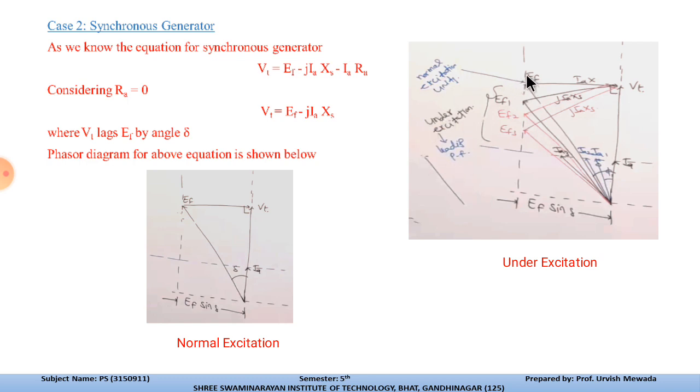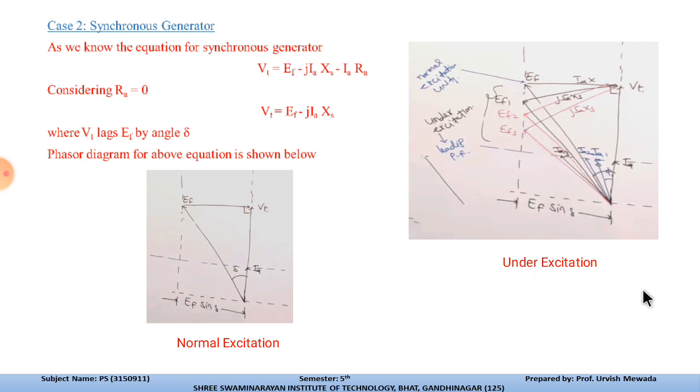And this is the mode at which we get the unity power factor. Now for different values of the field current, or the excitation, we will have the values Ef1, Ef2, Ef3 and Ef. Once we reach Ef, it is called the normal excitation of the synchronous machine, and this is the under excitation mode of the synchronous machine.